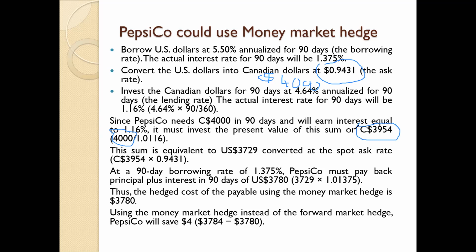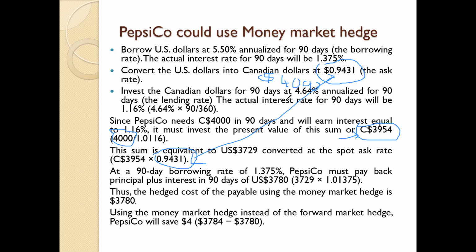If you want to invest this much, how many dollars do you need to borrow? Then the sum is equivalent to US dollar 3,729 converted at the spot exchange rate. Right? Now this scenario is getting clear.